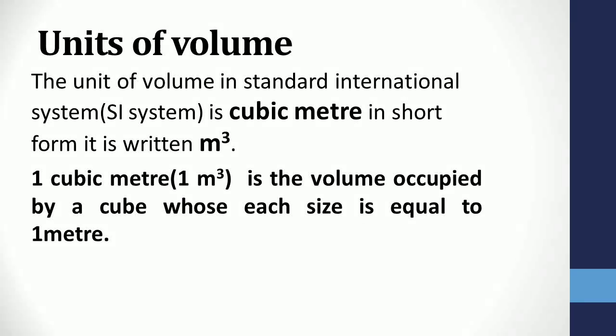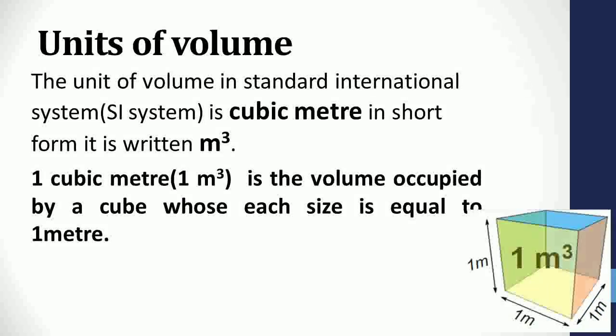You can see in this diagram, one cube is given here whose each side, or we can say the length, breadth and height, is equal to 1 meter. So the volume of this cube will be 1 meter cube, by putting the formula of length into breadth into height, that will be 1 m³.